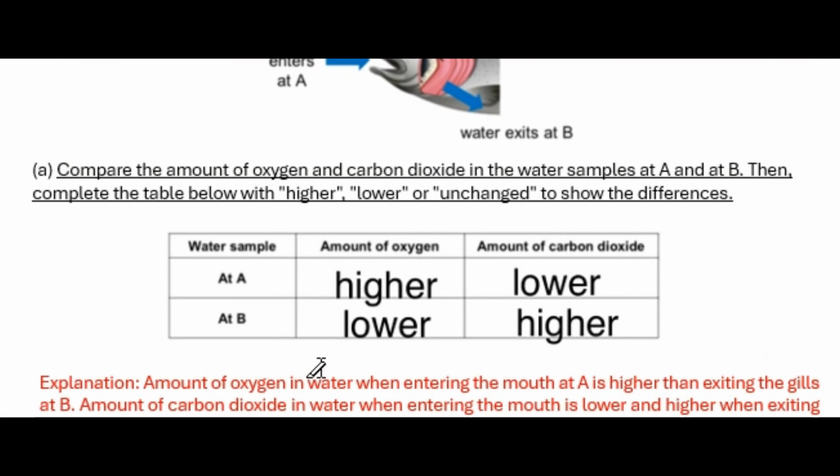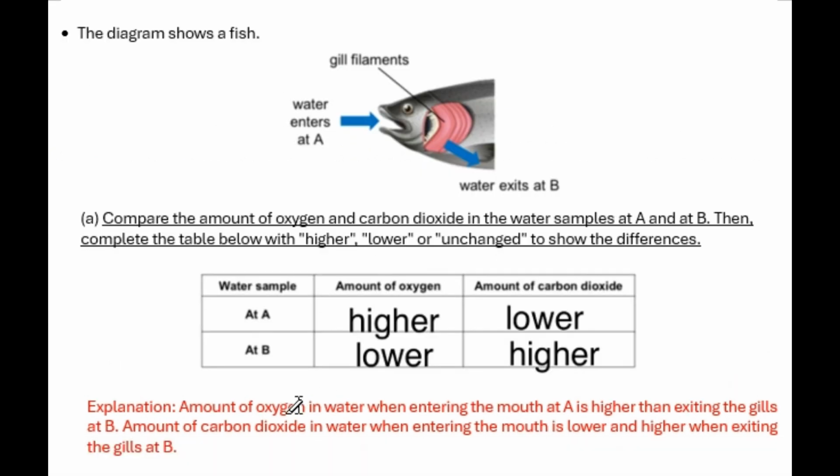The diagram shows a fish. Compare the amount of oxygen and carbon dioxide in the water samples at A and at B. Then, complete the table below with higher, lower, or unchanged to show the differences.